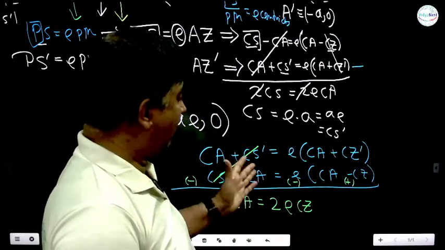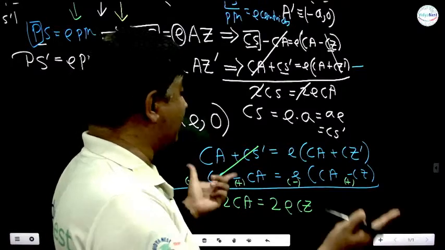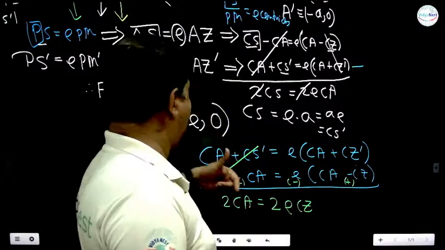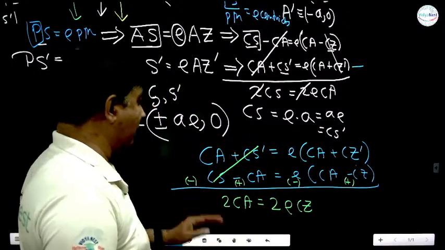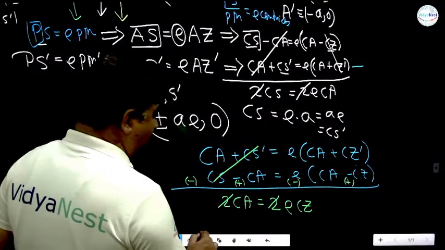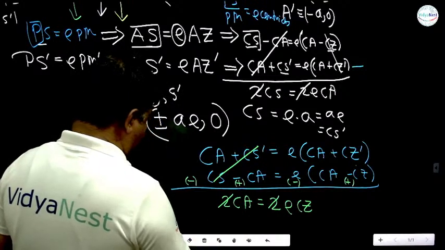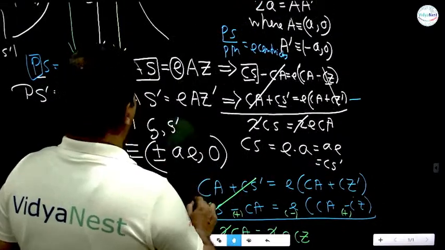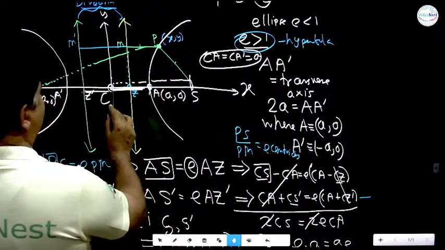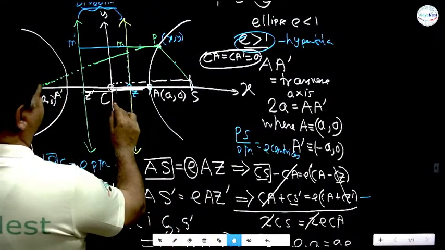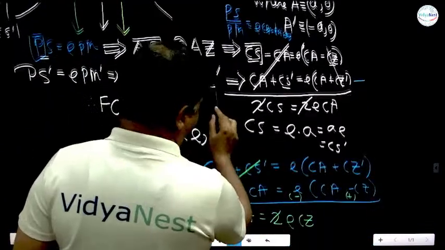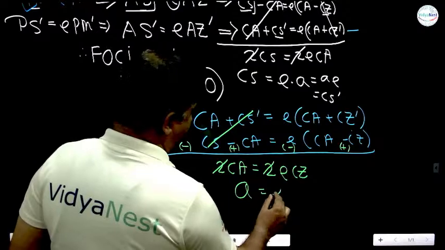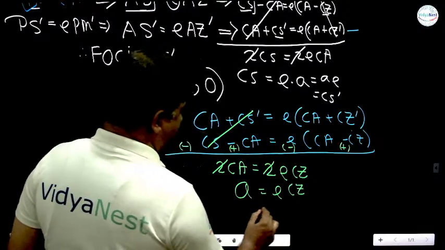How am I authorized to do that? Because CZ and CZ dash are the same by length, so 2 will get cancelled. What about CA? CA's length is A. So you can write A is equal to ECZ.